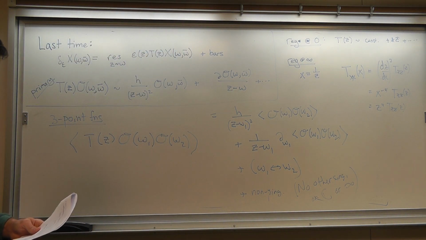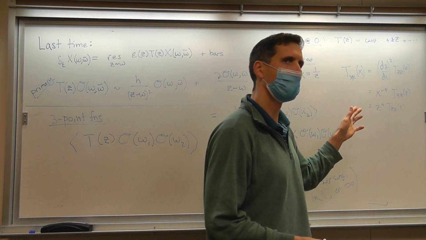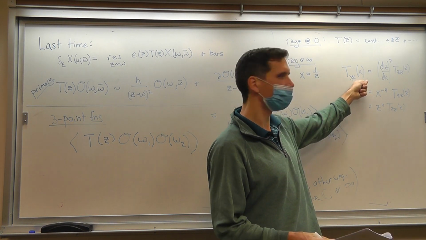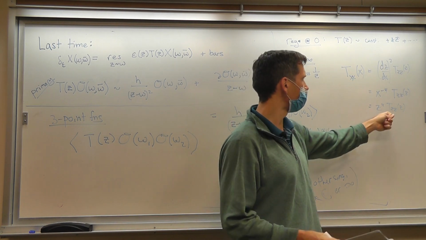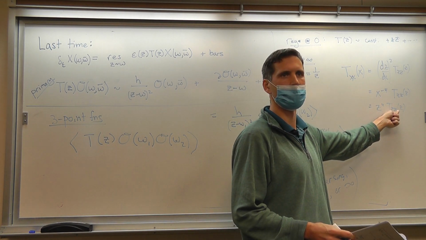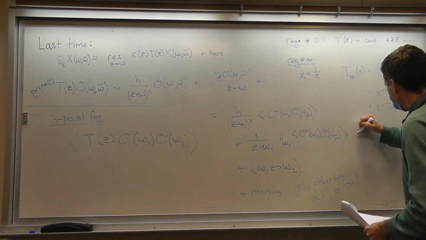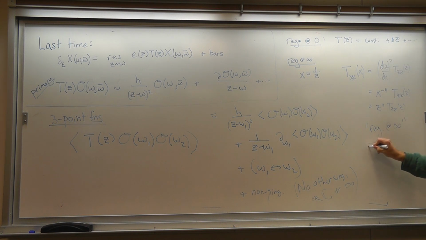which means that if we want the stress tensor to be regular at infinity, we want the leading term in the expansion of this near 0 to be a constant, which means that we need T_zz to go as 1 over z to the 4. Okay, so when you say it's regular at infinity, this means that T of z goes as 1 over z to the 4 as z goes to infinity.